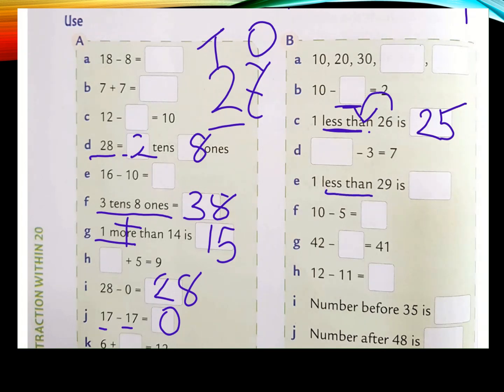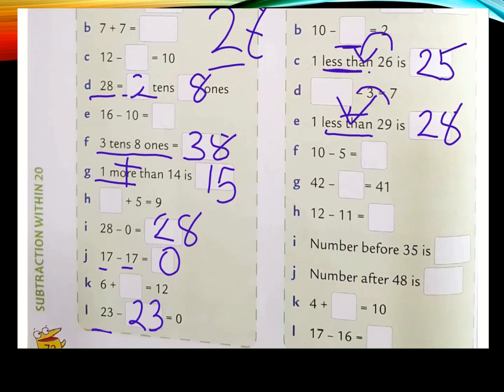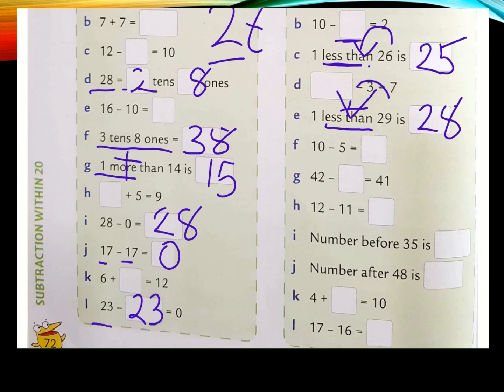1 less than 29. Less means minus. So one number backward. 28. 10 minus 5 you can do. 42 minus what number will give you 41? Just 1. 12 minus 11 is the next number. 1.